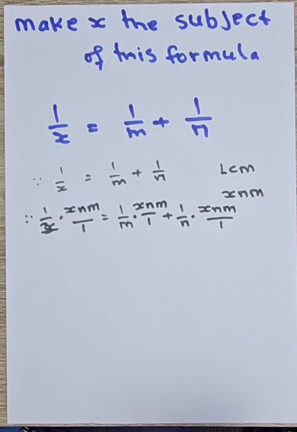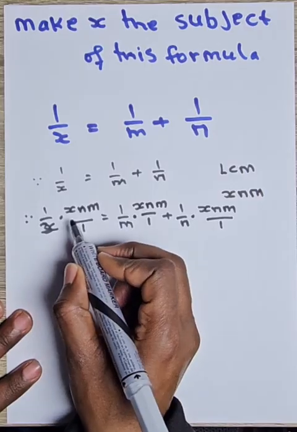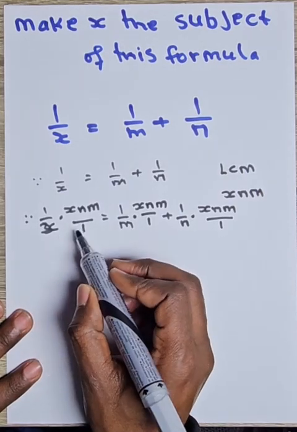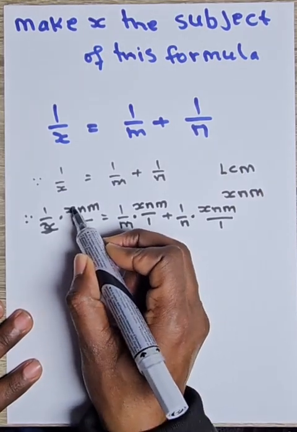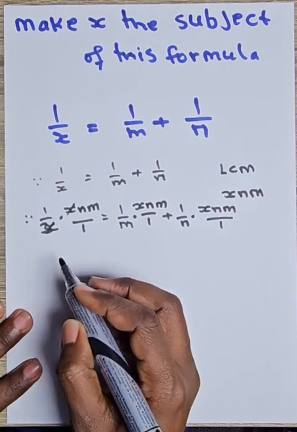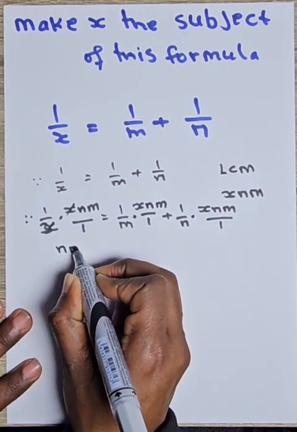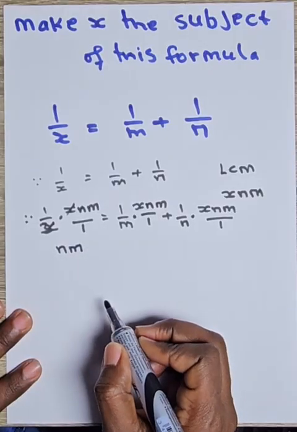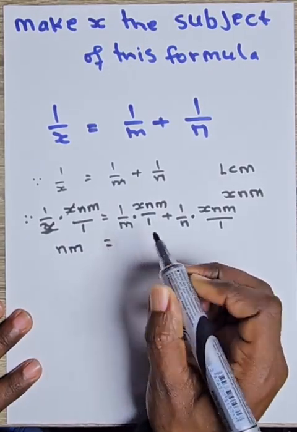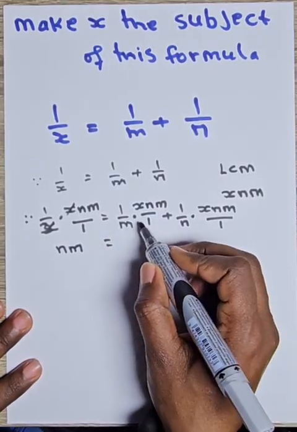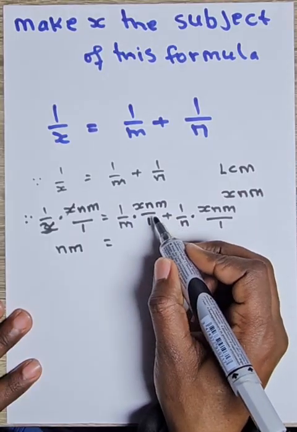Now we're going to cancel out all identical factors. Therefore, on the first, we're going to cancel out the x's. Therefore, here on the left hand side, we will have n m only, equals 1 over m times x n m over 1.